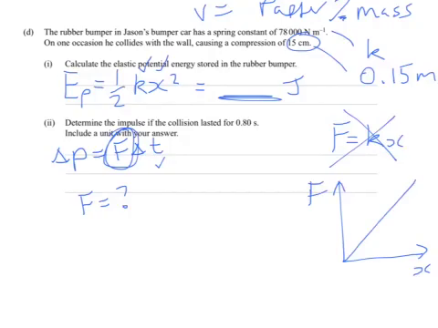Now, what's nice about this is, if this is correct, you should be able to just take the maximum force and divide it by 2 to get the average force. That's the force at 15 centimetres. So you would do F equals kx, being 78,000 times 0.15, and that will give you a force, and then you divide that force by 2.